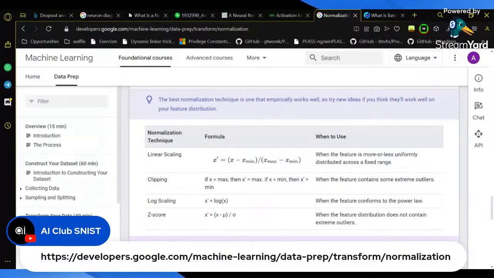Okay, is that clear? Should I drop that link for batch normalization too? Okay, cool. And any other doubts?